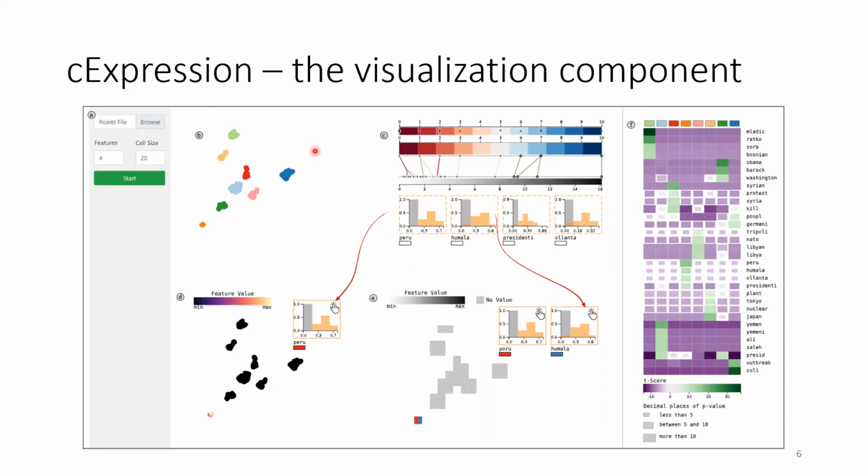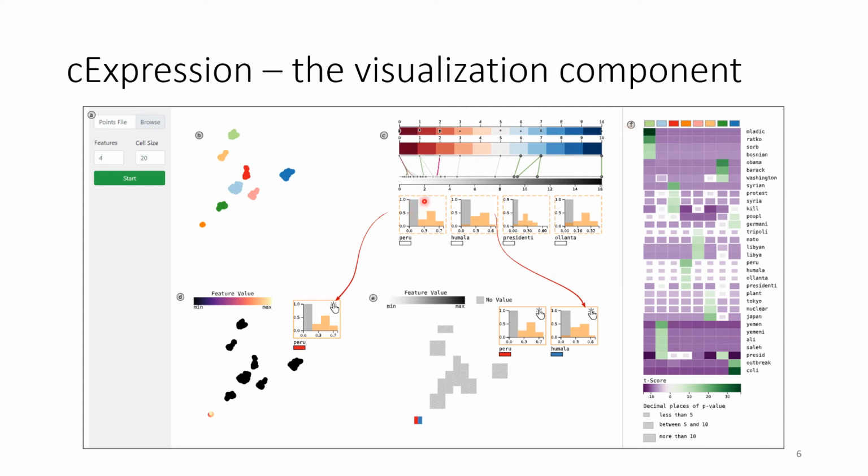Here we show all the components of our approach. We have the scatterplot view, the summary view, the scatterplot layout after interaction with the summary view, and the heat map view to provide an overview of the most defining terms for each component.